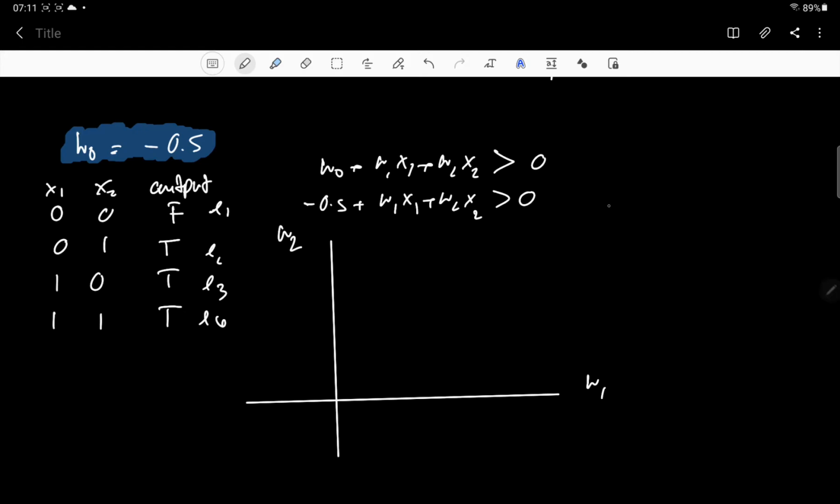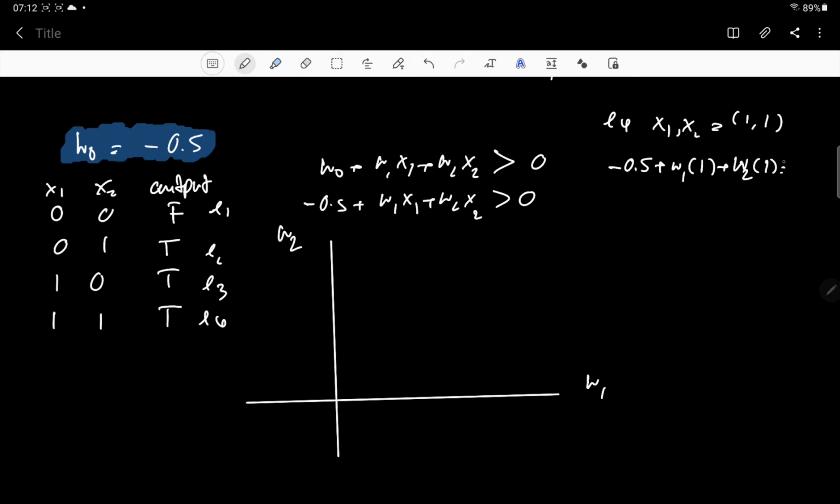If we start with E4, here, X1 and X2 is 1 and 1. Look at this. So our equation will be minus 0.5 plus W1 times 1 plus W2 times 1.